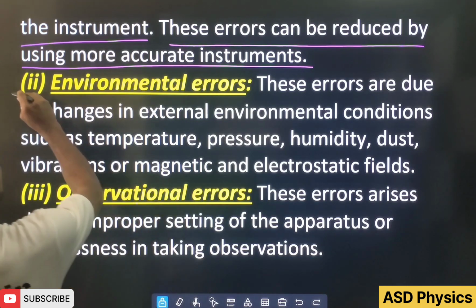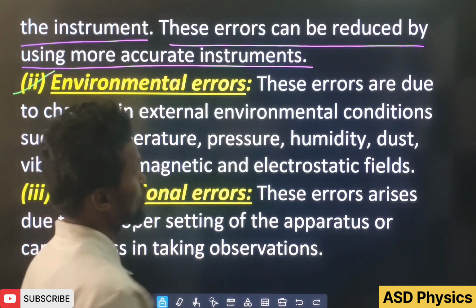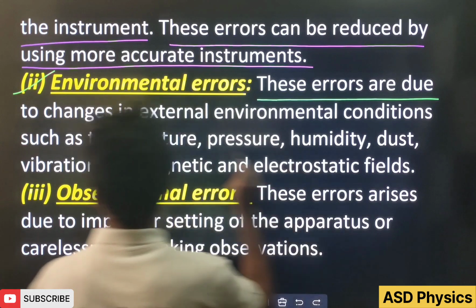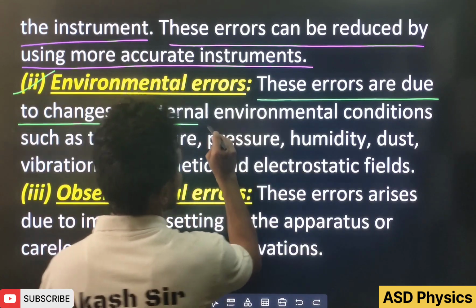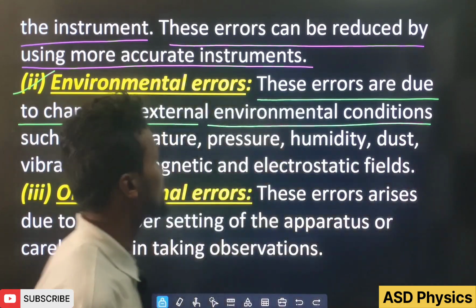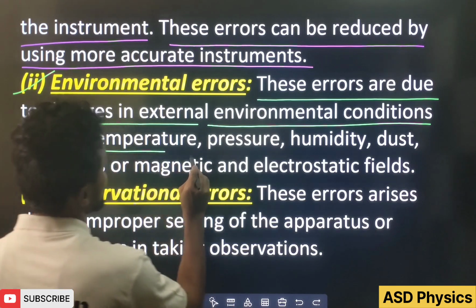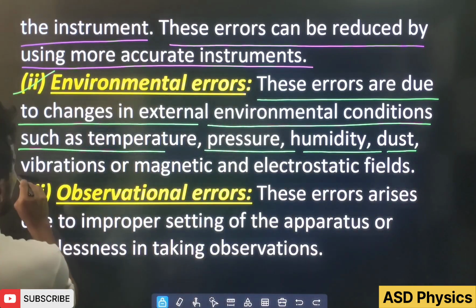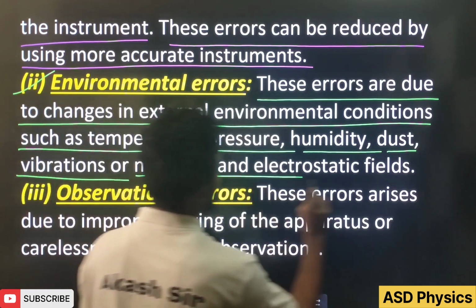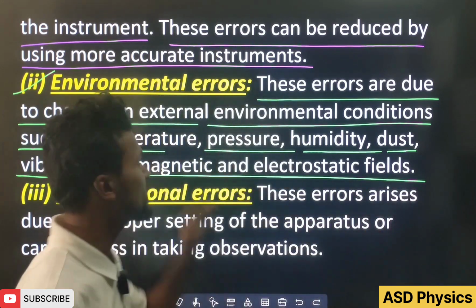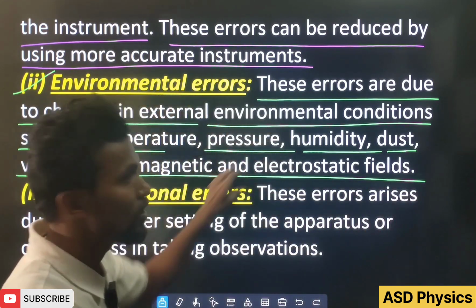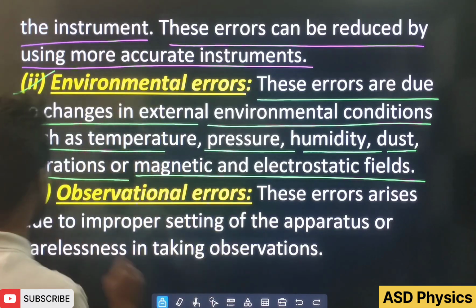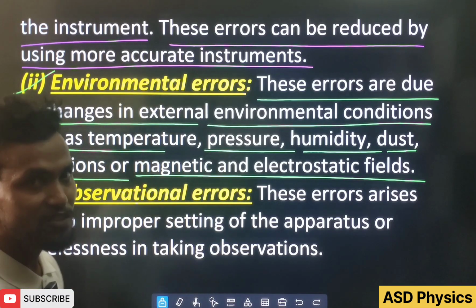After that, see the second one, environmental error. These errors are due to changes in external environmental conditions such as temperature, pressure, humidity, dust, vibrations or magnetic and electrostatic fields. Related to the environment, these all are the factors. Now students, the third one, observational errors.